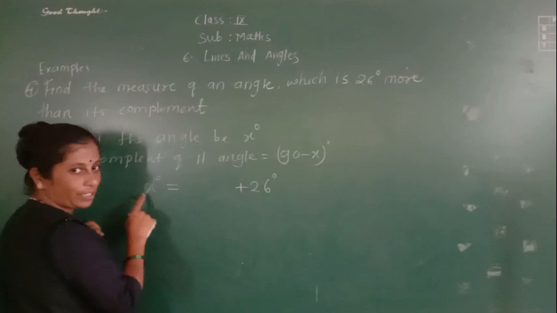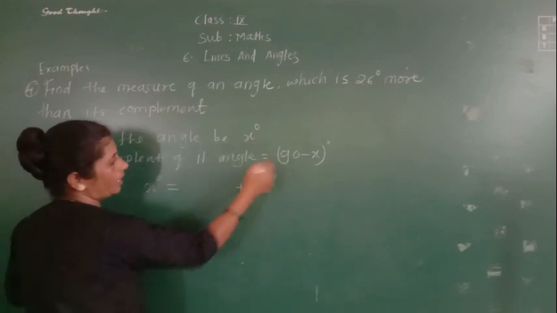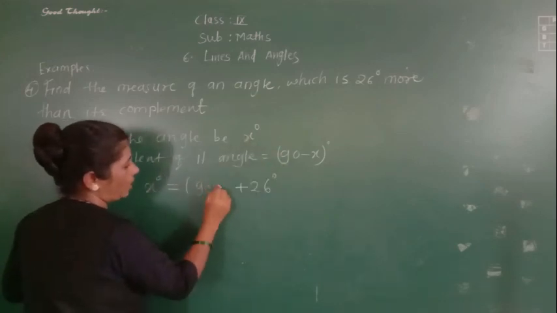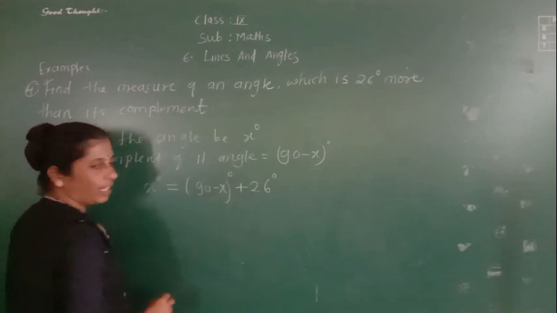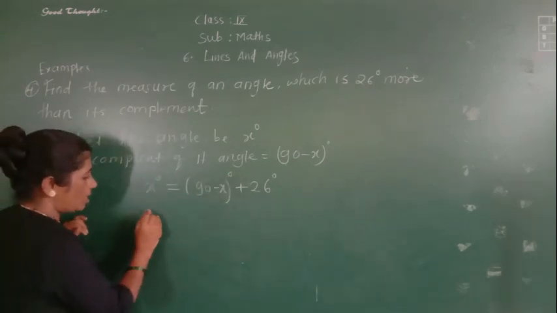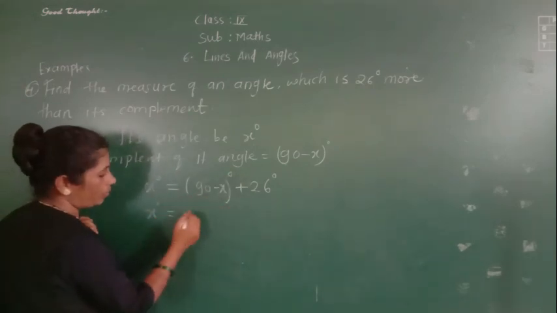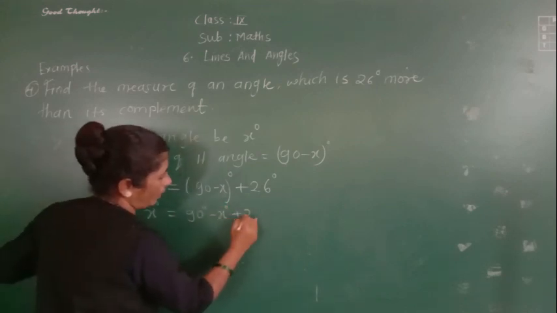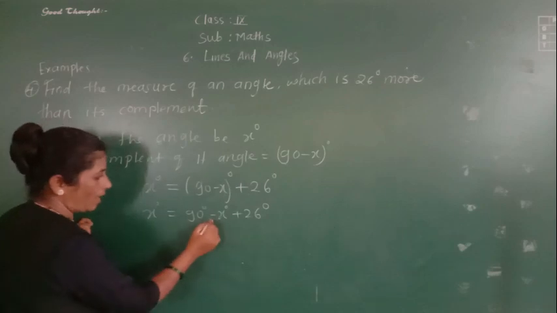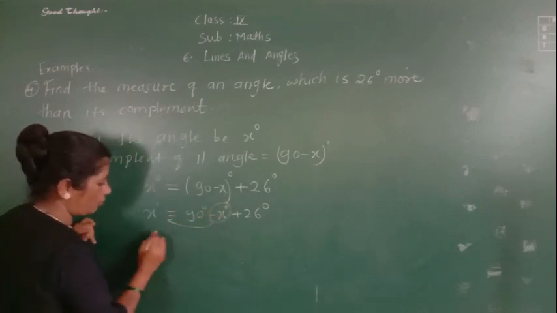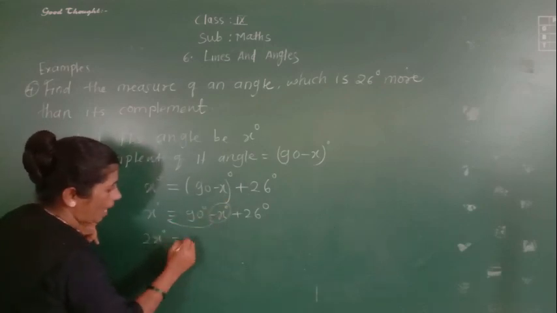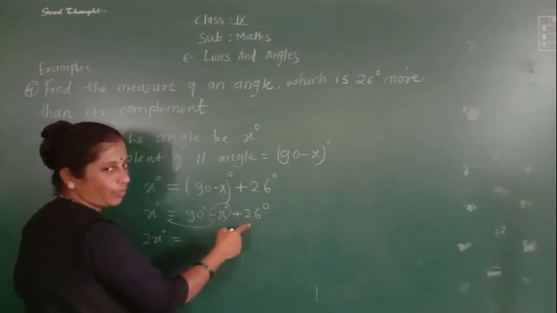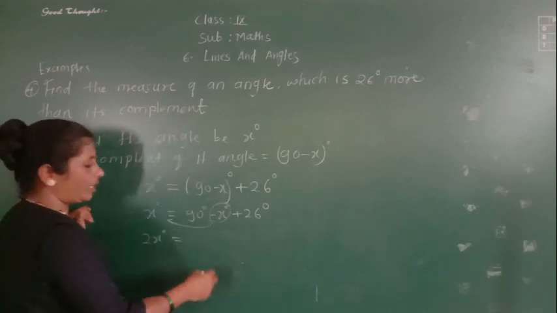The complement of this angle is 90 minus x degree. Understood everyone? Now here x degree equals, we will remove the bracket, 90 degree minus x degree plus 26 degree, right? So minus x will be shifted. You will get 2x degree, and here 90 plus 26. So how many will be there?